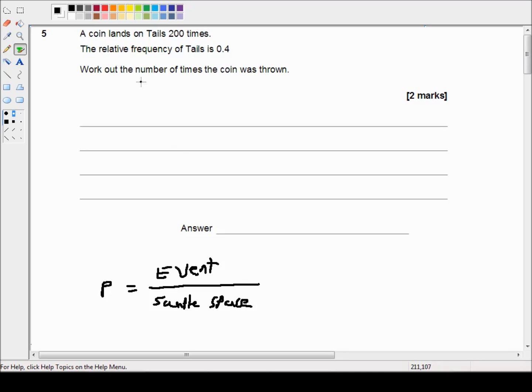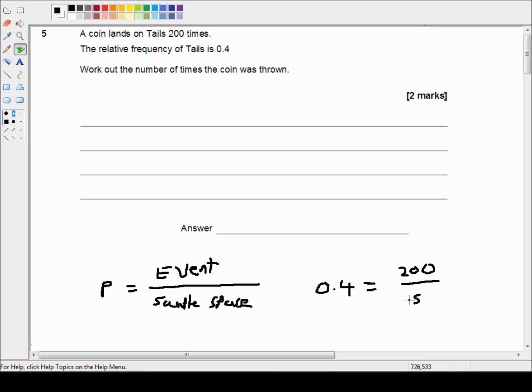Now, the experimentally derived probability is 0.4. So 0.4 is equal to, now our event is the number of times it landed on tails, which is 200. And the sample space is what we're trying to find out, which is the number of times it was tossed.